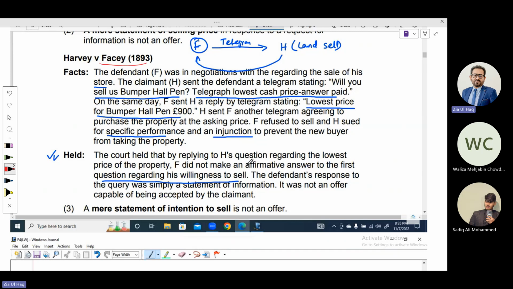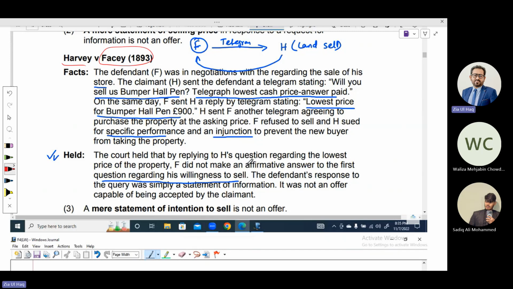Facey's position: my business is for sale, and Harvey contacted through telegram and asked for the lowest price, and Facey said my lowest price is 900. Harvey sent another telegram agreeing to purchase at the asking price, but Facey refused to sell. So that 900 is my lowest price was not an offer, that was an invitation to treat. If he had said, okay, I want to buy at 900, that was an offer that the other person rejected. So there is no contract.